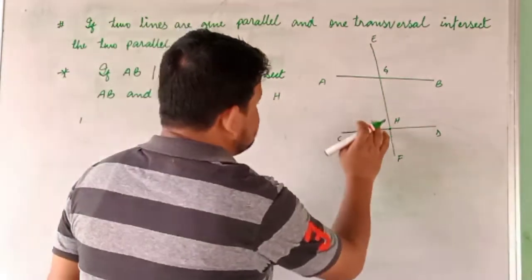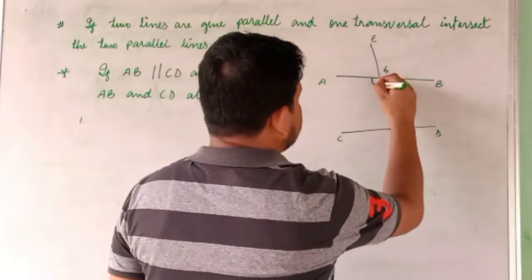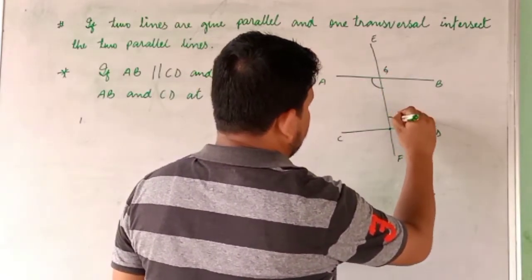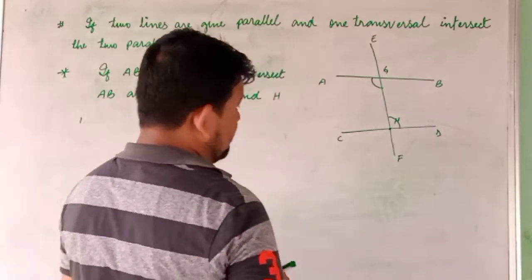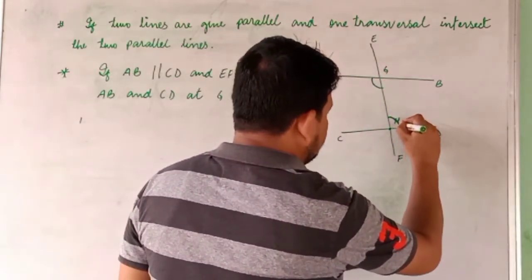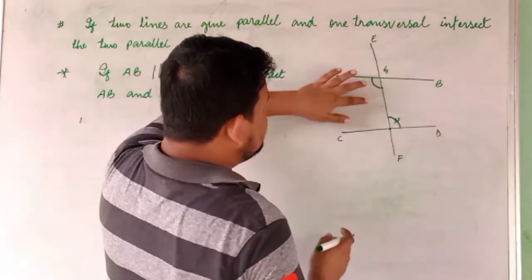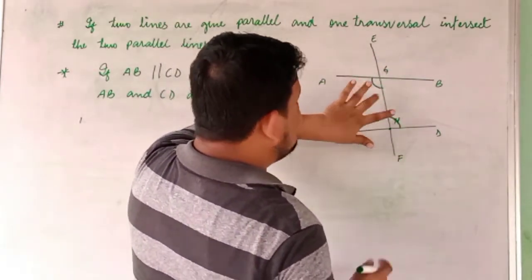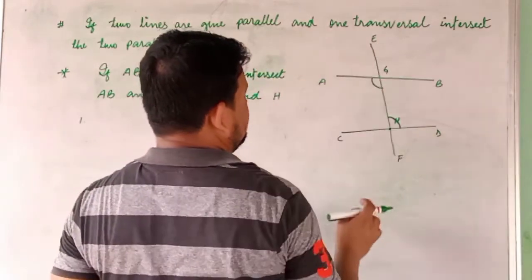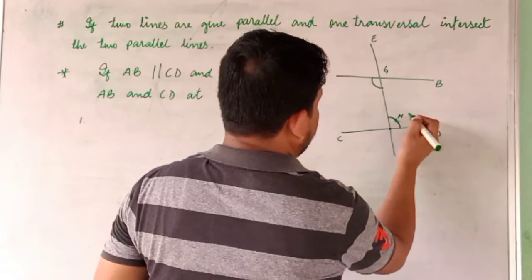When two lines are parallel, we can say their alternate angles are always equal. So what is an alternate angle? This angle and this angle are alternate, and they are inside, between these two parallel lines. That's why this is called alternate interior angle.